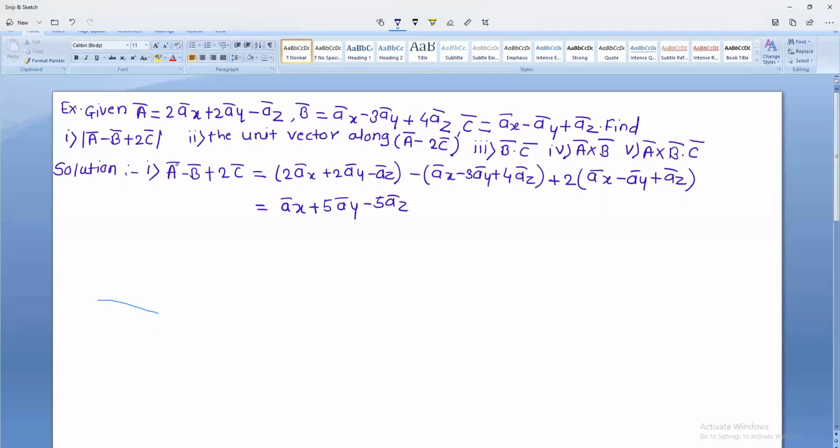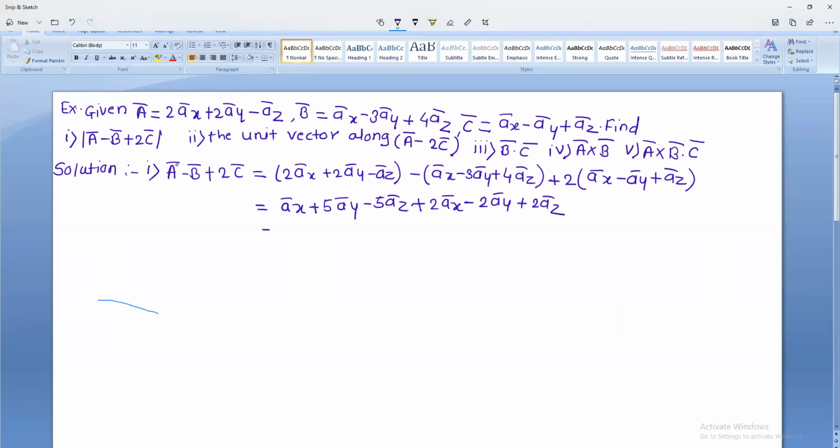And plus 2 times c bar, that is 2a bar x minus 2a bar y plus 2a bar z.